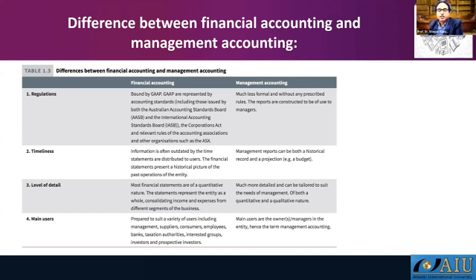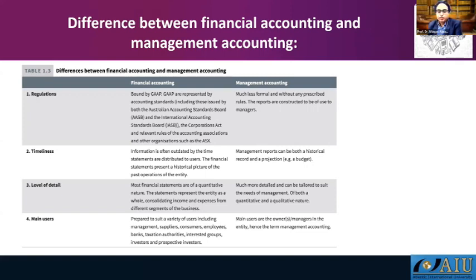They are either the owners or managers, especially production managers in a manufacturing company. They like to know more about cost accounting. That's how we differentiate cost accounting from financial accounting, because management accounting or cost accounting purely focuses on costs and profit margins.